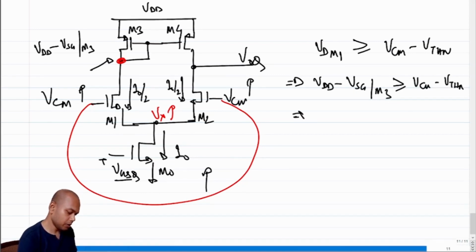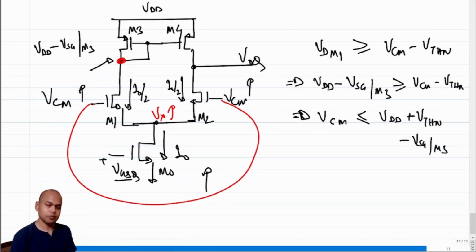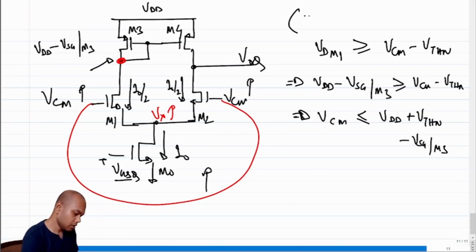So VCM has to be less than VDD plus one threshold voltage minus VSG of M3. This is the constraint on M1, M1 in saturation.